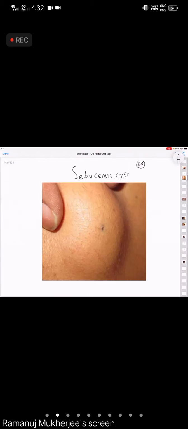So, as I've said, the history points have been completed. This is a 28-year-old gentleman. I say not male, but a gentleman, who presented with a slowly progressive swelling in the right scapular region, or you may say near the right shoulder.